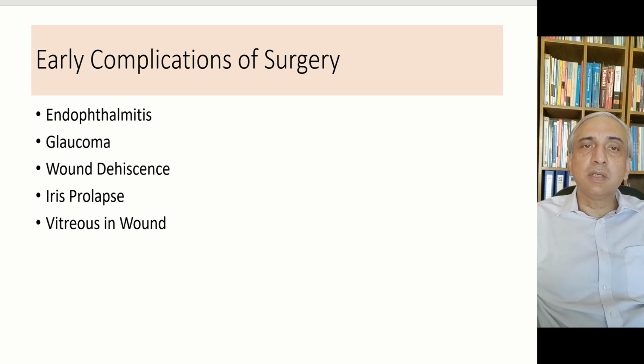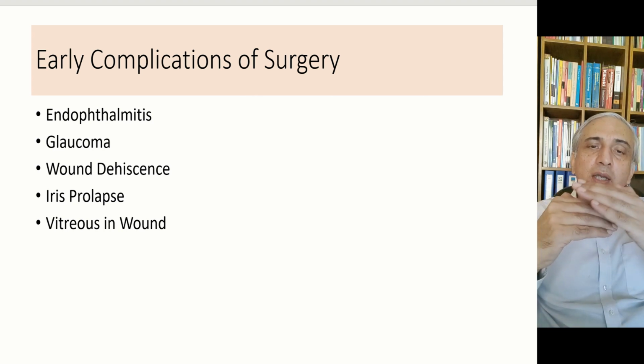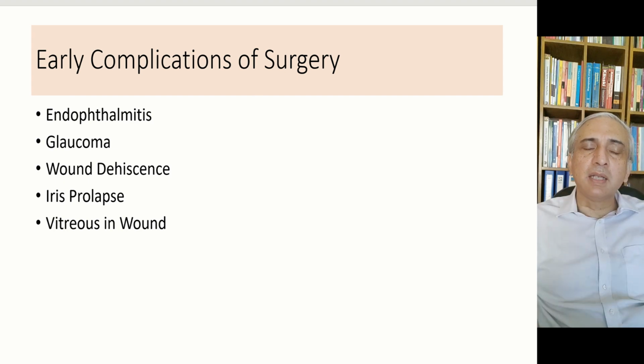Wound dehiscence can be common in children because, as we discussed earlier, at the limbus, between the cornea and the sclera, you cannot get that perfect tunnel. And even if you get that, usually the child is under general anesthesia, and because the tissues do not have that rigidity, you can get wound dehiscence or iris prolapse.